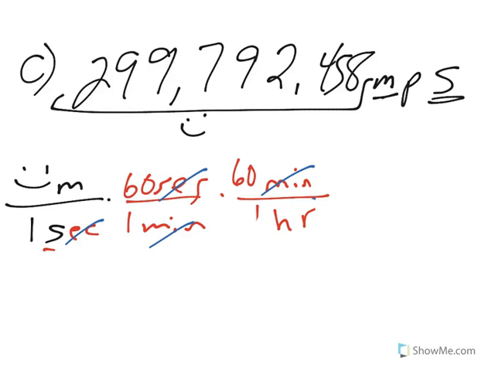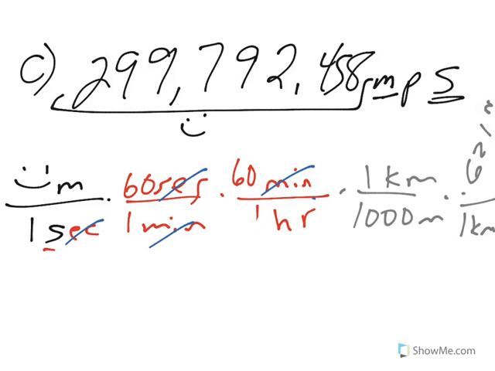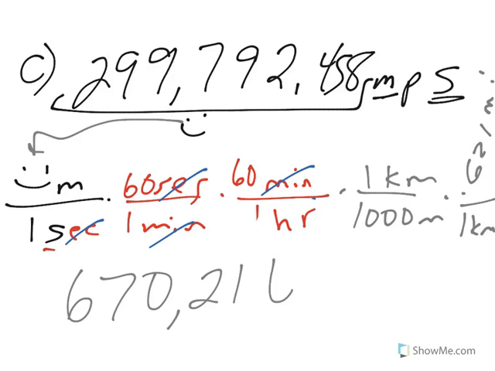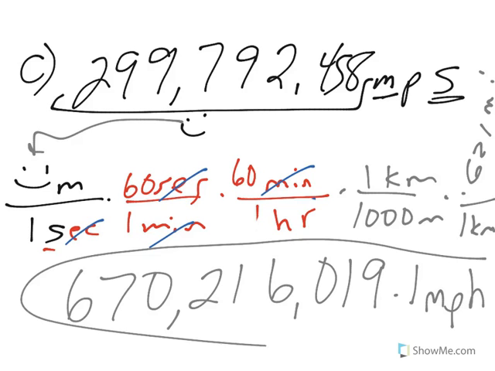Well, to go from meters to kilometers, you might remember that there are 1,000 meters in 1 kilometer. That allows us then to say 1 kilometer is 0.621 miles. So now I can multiply across the top, right, with this big number going here, divide by 1,000, and we're going to get 670,216,019.1, and that is miles per hour.